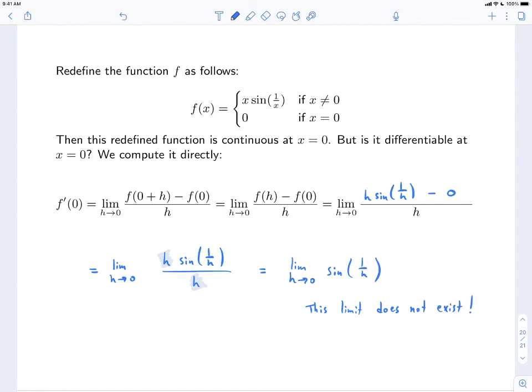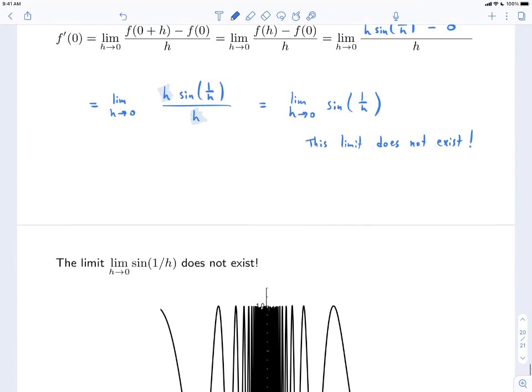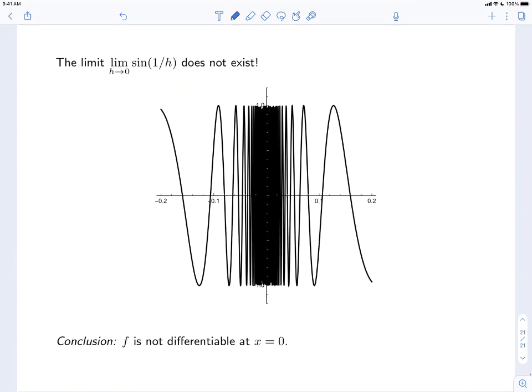How do we know that? Well, this has an oscillatory discontinuity at h equals 0. If we look at the graph, we can see it. This is the graph of y equals sine of 1 over h. So h is the horizontal axis here. And as h goes towards 0 from either side, you see that sine of 1 over h oscillates wildly.